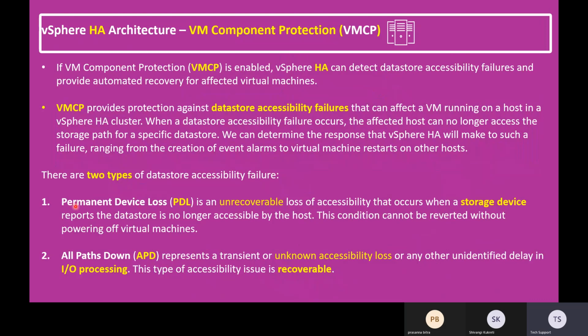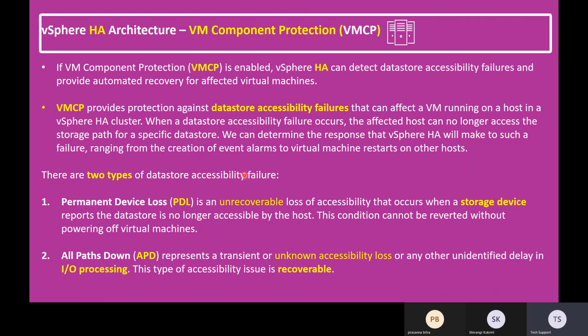As discussed, one is called permanent device loss and the other is all paths down, in short form APD. Okay, any one type of scenario will cause datastore accessibility issues. Okay, so once the connection is restored, again it will become only one master.